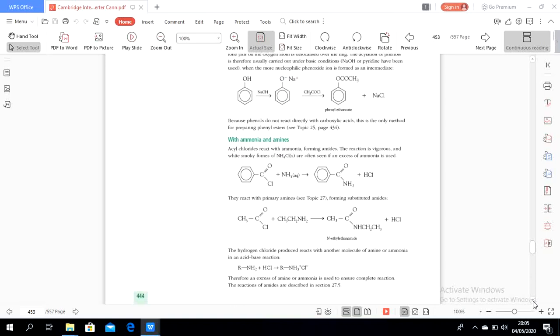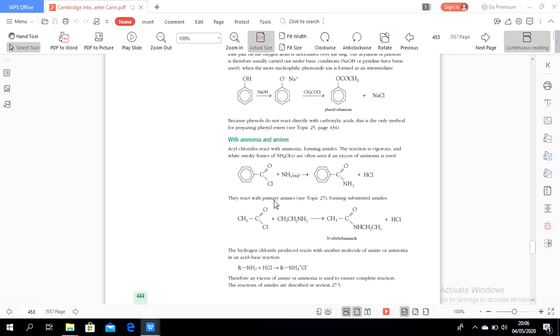Now the third reaction, with ammonia and amines. Acyl chlorides react with ammonia to form amide. The amide characteristic is C double bond O NH2.